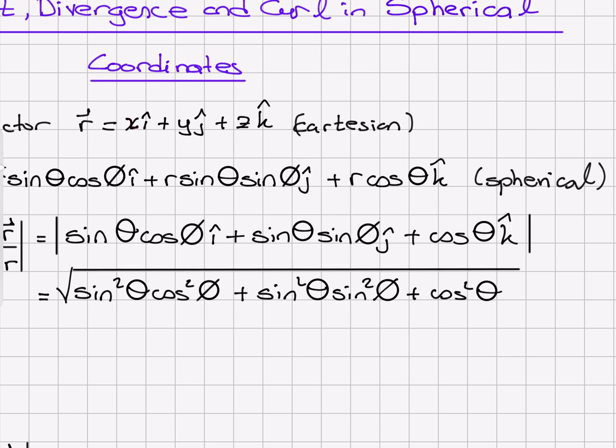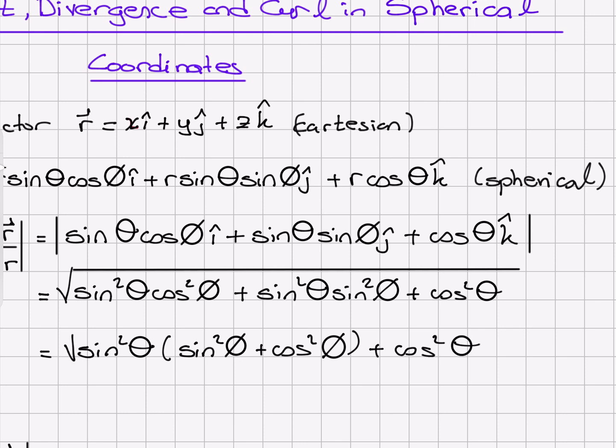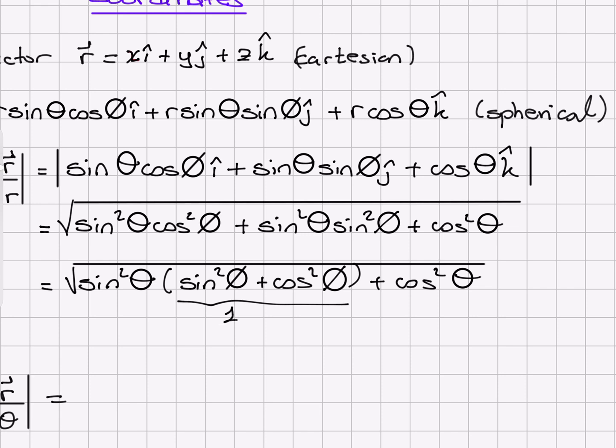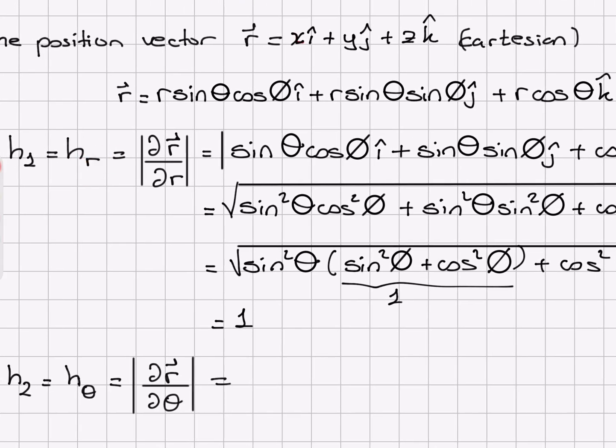Factoring sine square theta, I have sine square phi plus cosine square phi plus cosine square theta all inside the square root, and this sine square phi plus cosine square phi is equal to 1, and then I will have square root of sine square theta plus cosine square theta, which is also 1. Therefore my answer is 1 for the scale factor for r.